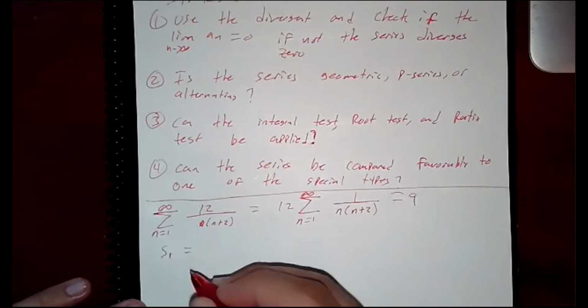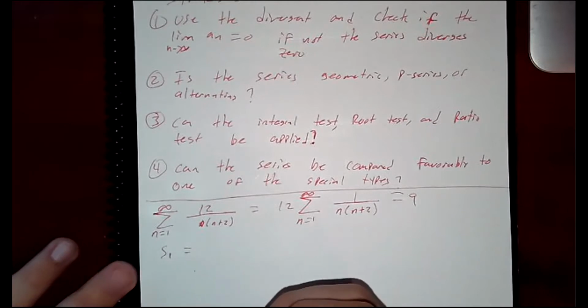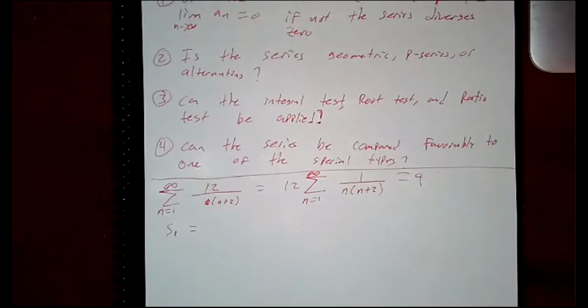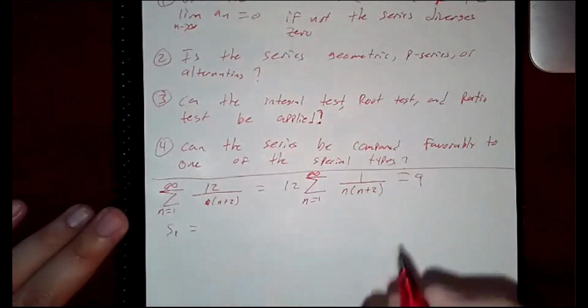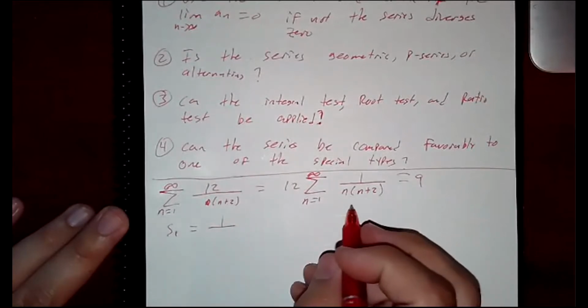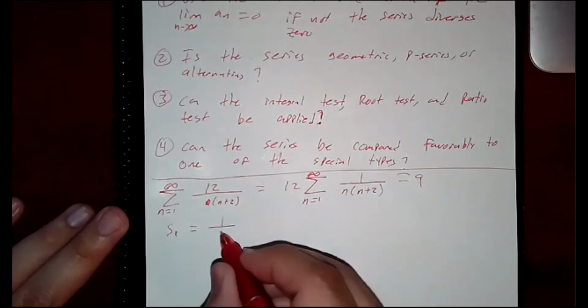So S1 would just be 1 over 1 times 3, so that would be 1/3, right?